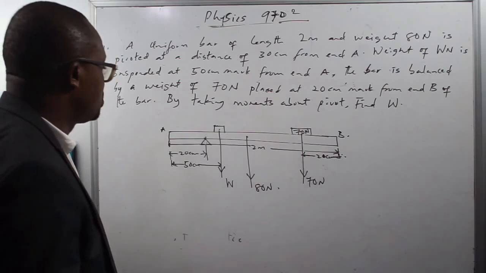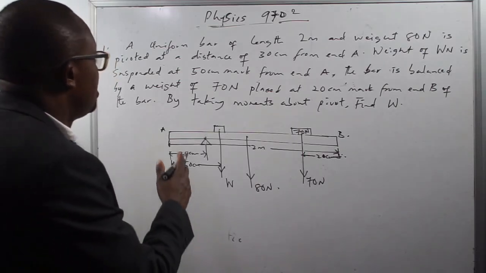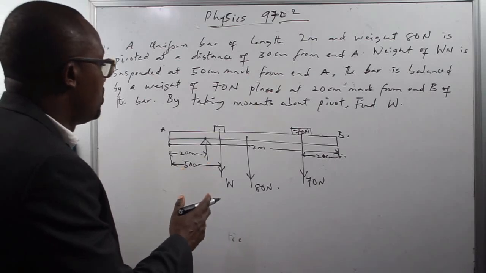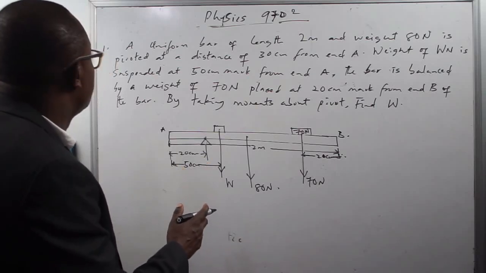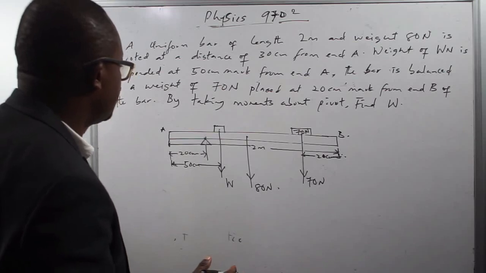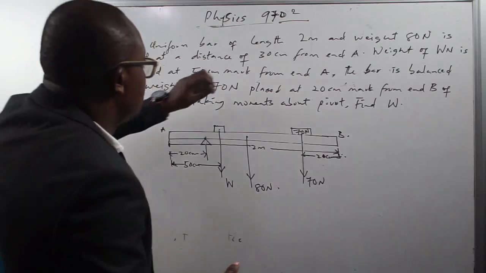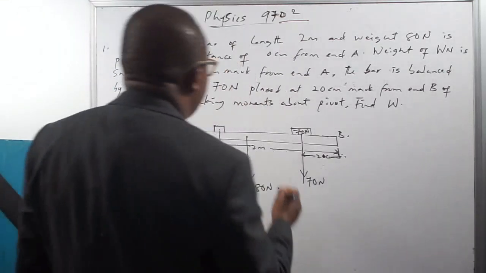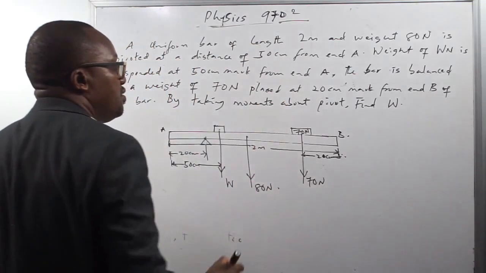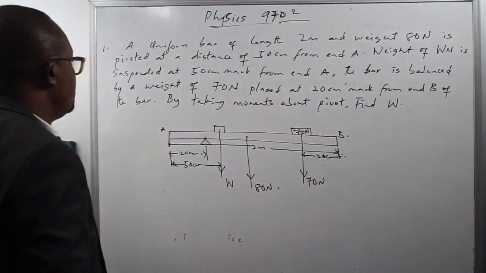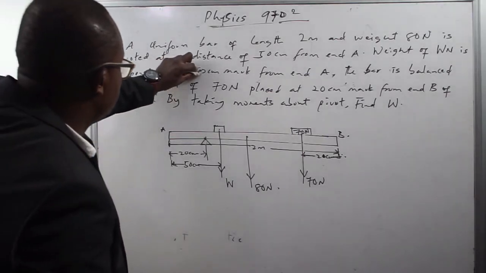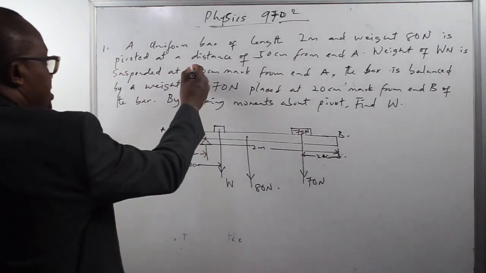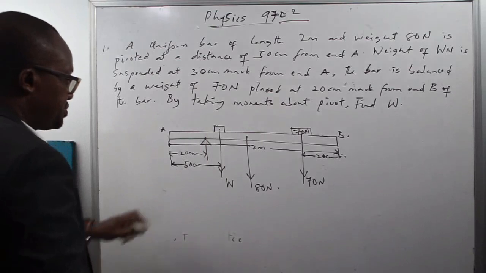Sorry, I need to quickly correct something. A uniform bar of length 2 meters and weight 18 newtons is pivoted at 50 cm from NA, where W newtons is placed at 30 cm.